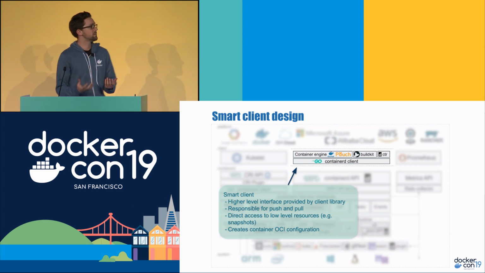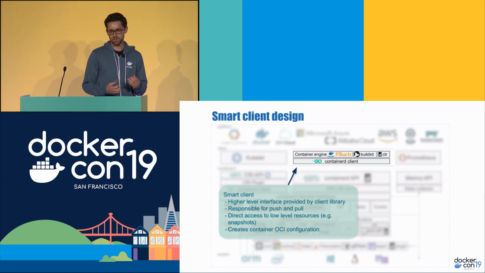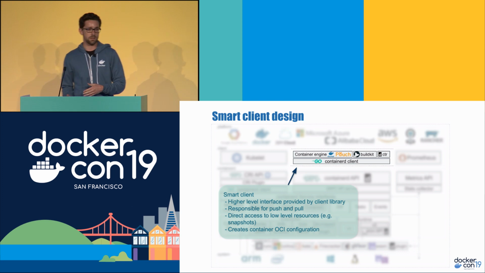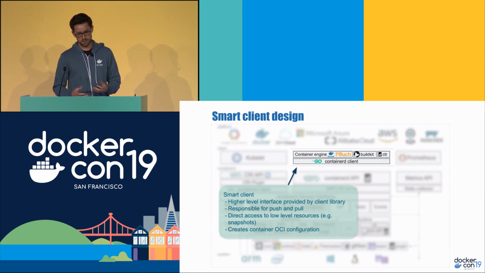The Go client we have provides a higher level interface. If you want to do something like a push or a pull, you can use the Go client, which has the functions for doing the push or pull. The actual API that we have underneath it is much lower level.